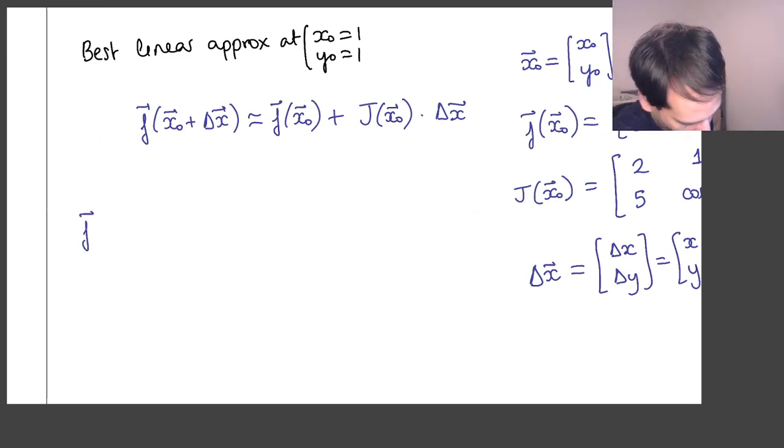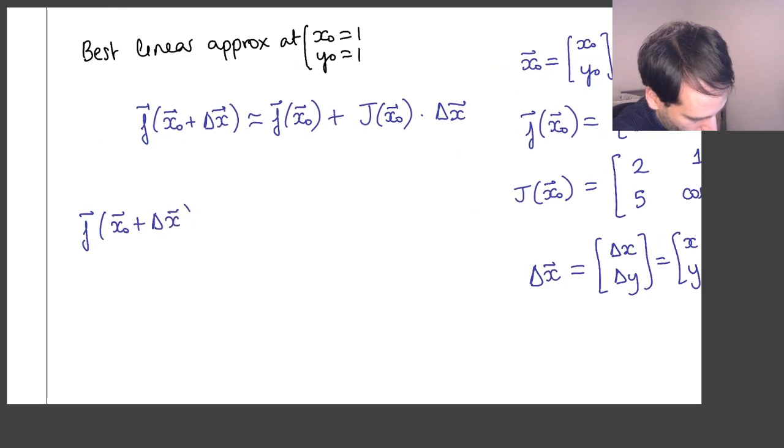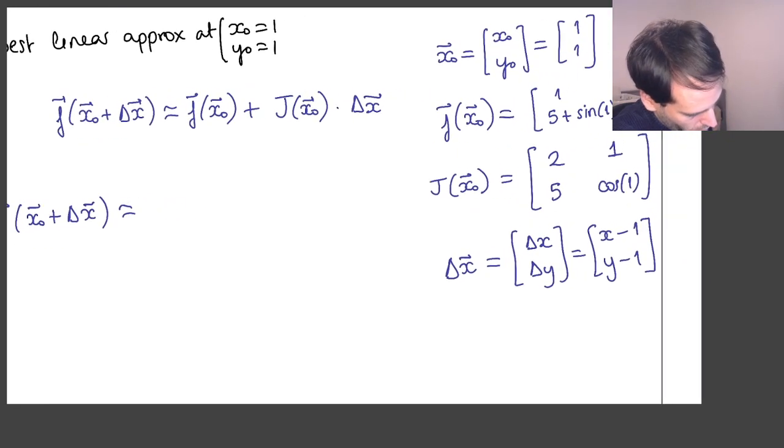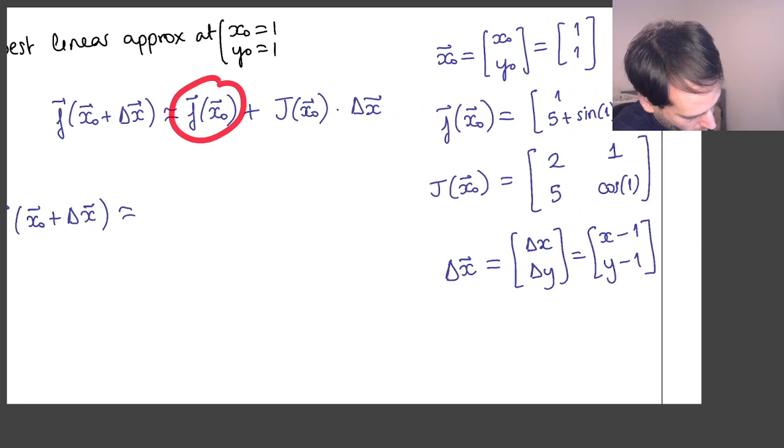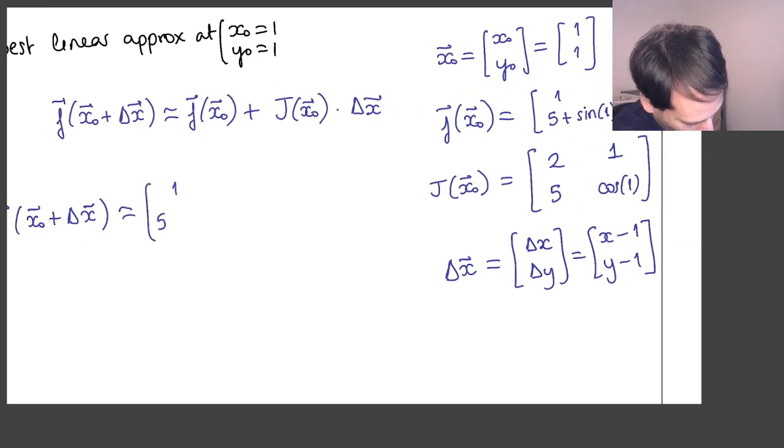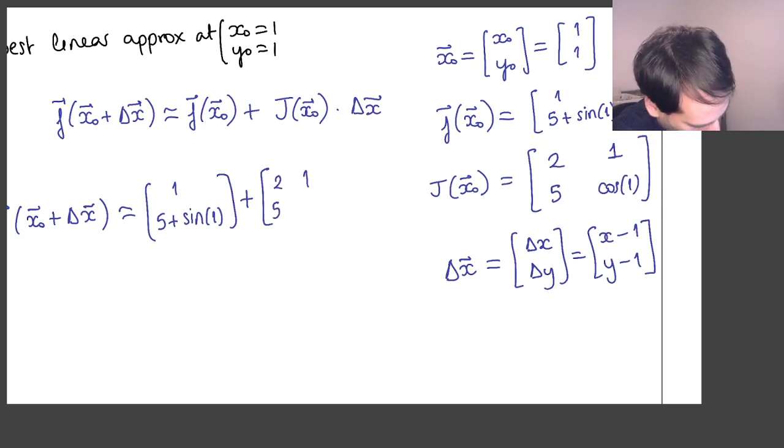So f at x0 plus delta x is approximately equal to this, plus the matrix of the Jacobian evaluated at x0, which is this matrix, times delta x, which is delta x and delta y.